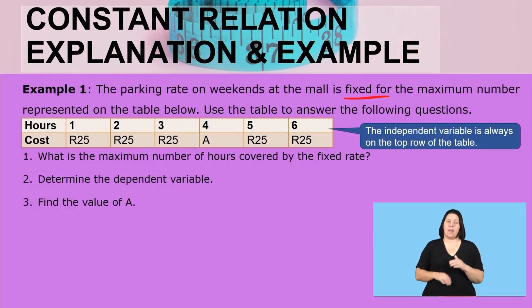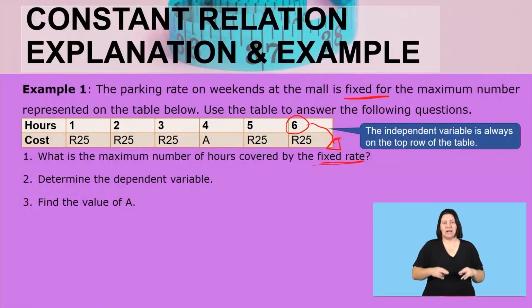What is the maximum number of hours covered by the fixed rate? So the maximum number of hours which is covered by this fixed rate, I think everyone can see that it is 6 hours. This covers up to 6 hours. Once you exceed 6 hours, then you pay more than 25 rand. Okay, determine the dependent variable.